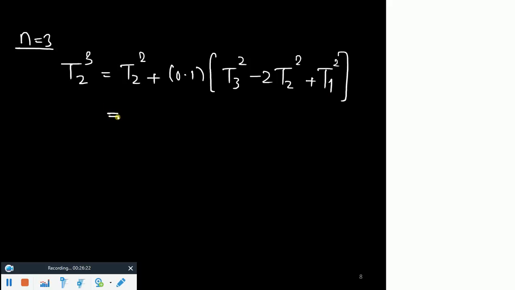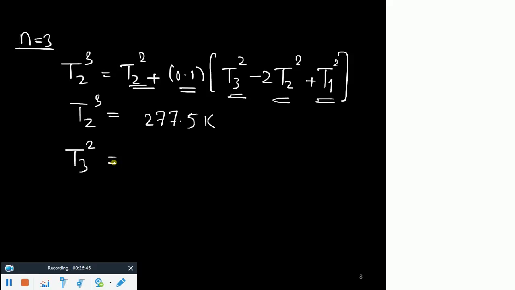Come on. What is T2 at the third time level? Keep all the values from the second time level on the right hand side. Okay, what about T3 comma 2? Oh, sorry, this is 3 comma 3.